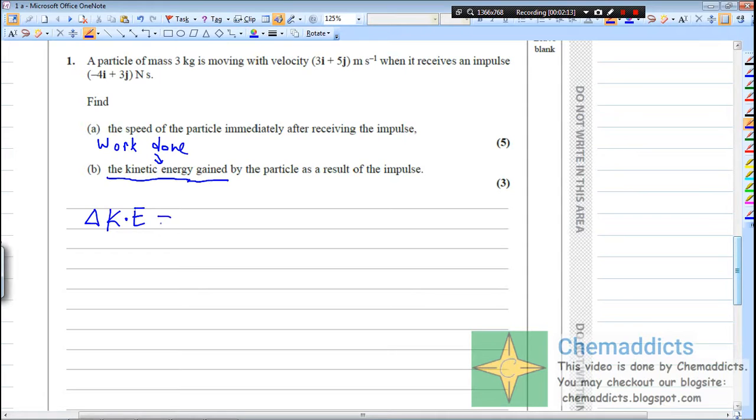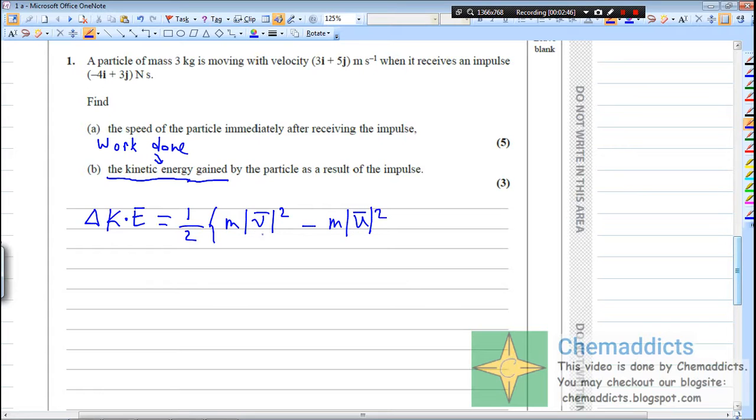The formula for the change in kinetic energy is half m, the magnitude of v whole squared, minus half m, the magnitude of u whole squared.